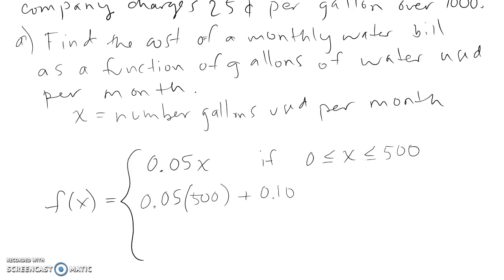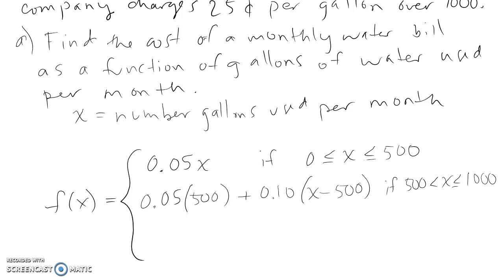So we're going to take 10 cents times the total that we used in the month, but we're going to subtract 500 gallons from that, because we already charged 5 cents for those 500 gallons in the first part of this line here. And so this is going to be true if x is between 500, but not including 500, and 1,000, including 1,000.